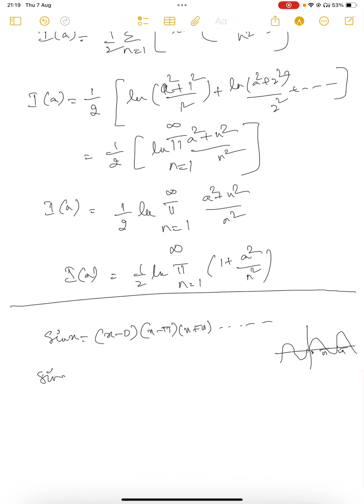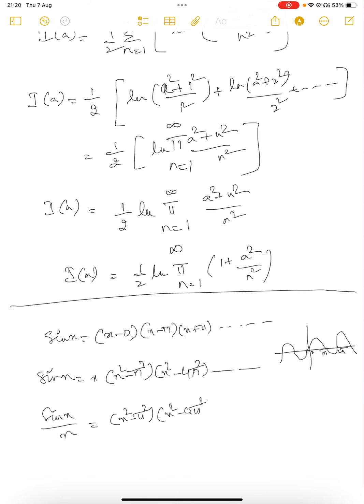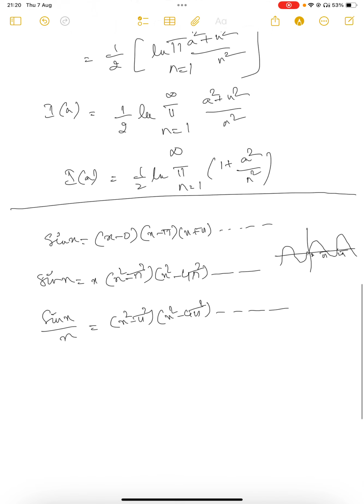So sin x will be x into x square minus pi square, x square minus 4 pi square, and so on. If you take this x on the left hand side, this will be x square minus pi square, x square minus 4 pi square, and so on. Right?